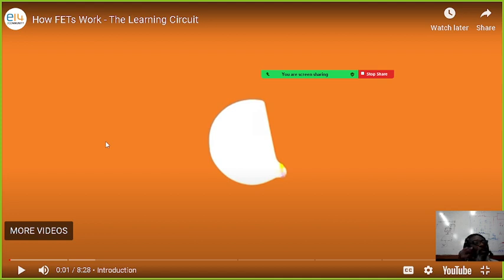These types of transistors still have 3 terminals, but instead of base, emitter, and collector, we have gate, drain, and source. The gate is like the base, the drain is like the collector, and the source is like the emitter. Alright, but it works a little bit different.